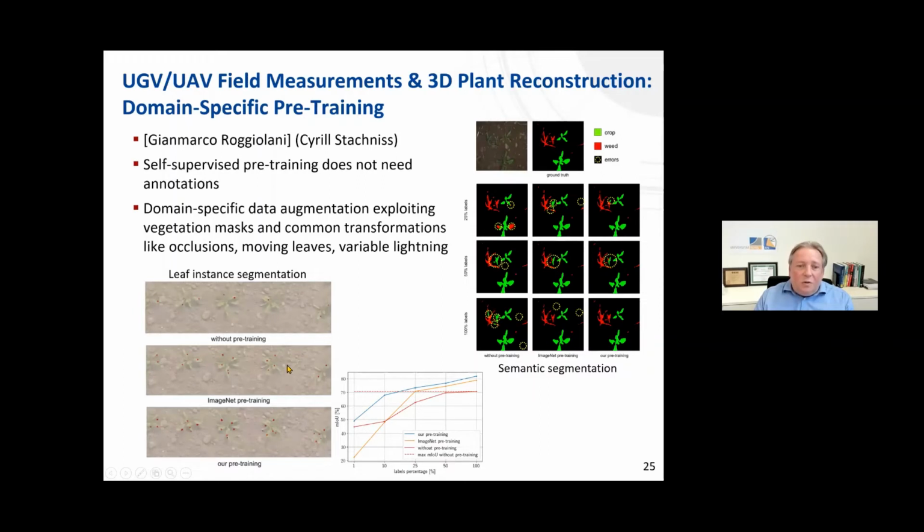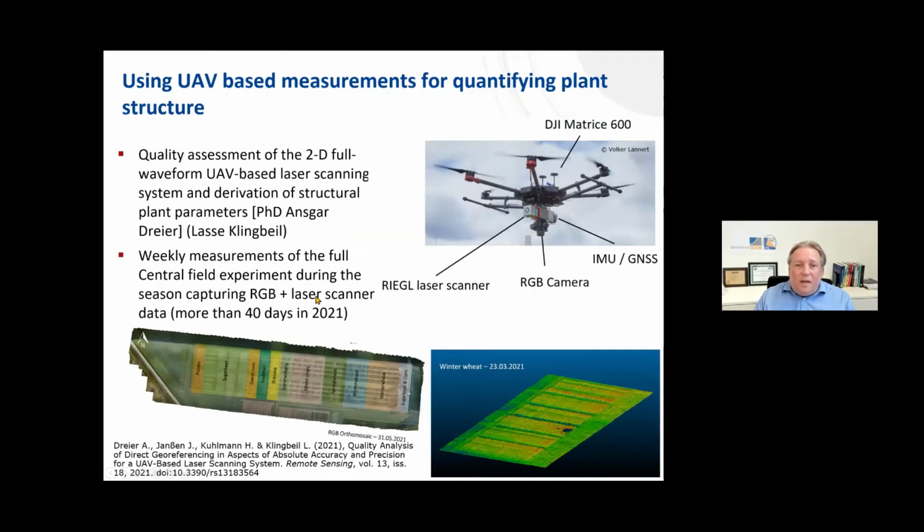And in addition to this self-supervised pre-training, data augmentation techniques are also used here, which exploit certain knowledge about this agricultural domain. So what are the typical variations in the data which need to be addressed in order to transfer the labels? With that, I stop here and we switch back to Uwe.